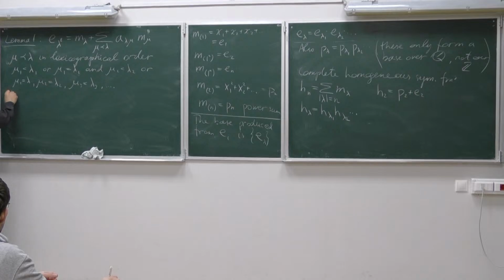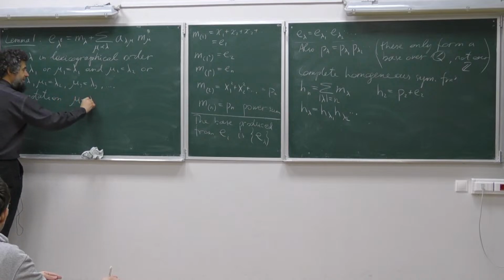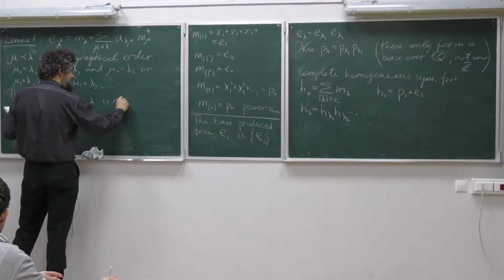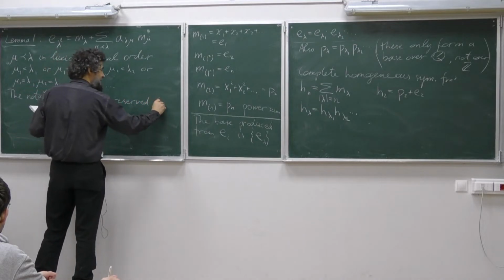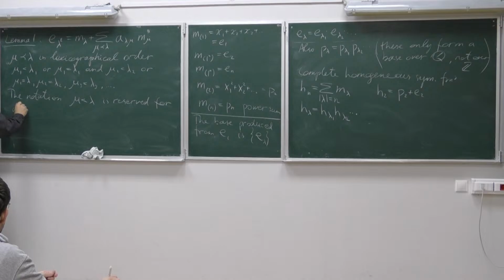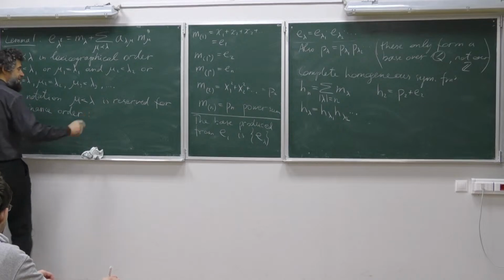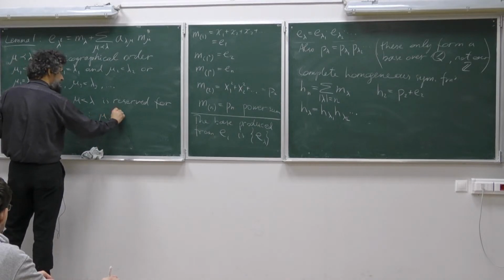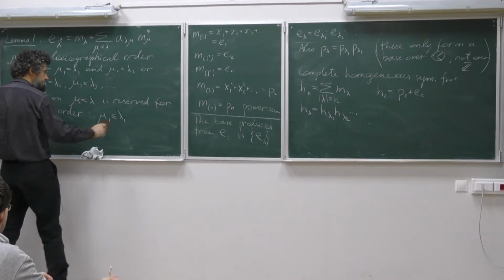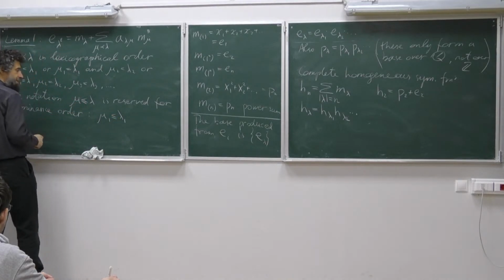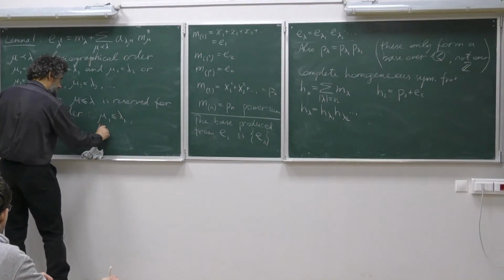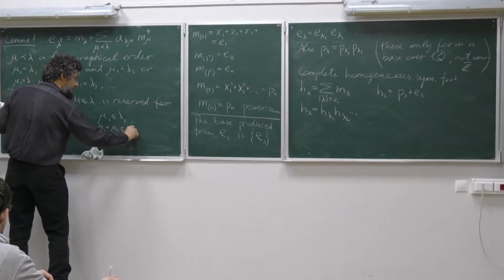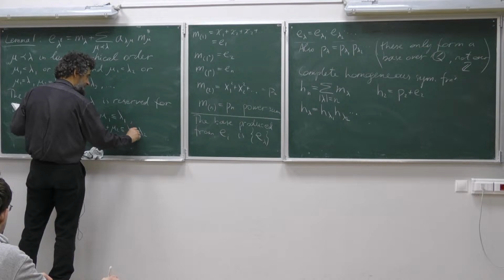Just the notation mu less than lambda like this is reserved for the so-called dominance order, which means that mu1 is less than or equal to lambda 1, or maybe I should write like this, then mu1 plus mu2 is less than or equal to lambda 1 plus lambda 2, and so on.